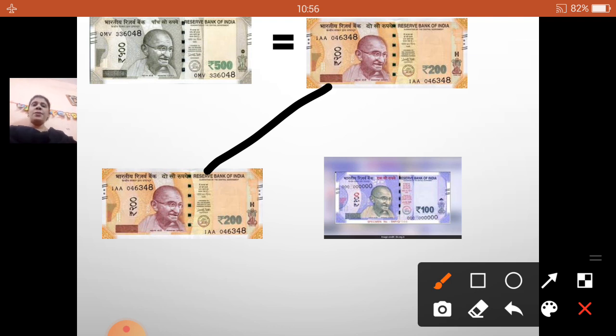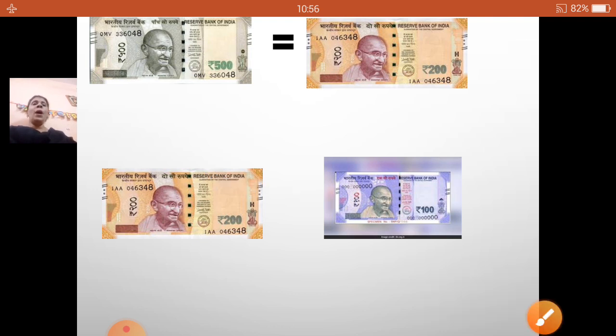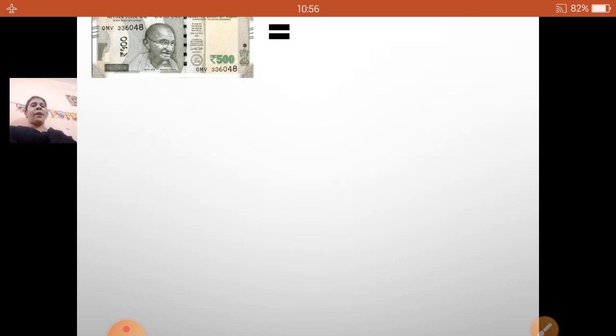So 200 plus 200 will be 400 and 400 plus this 100 will be 500. Correct. So 2 200 rupees notes and 100 rupee note will make rupees 500.